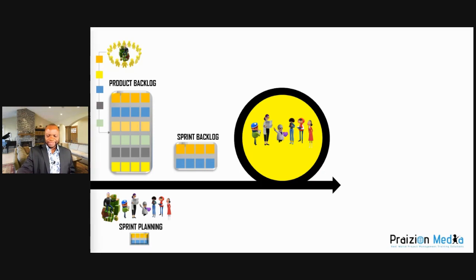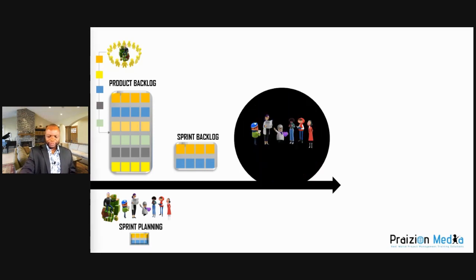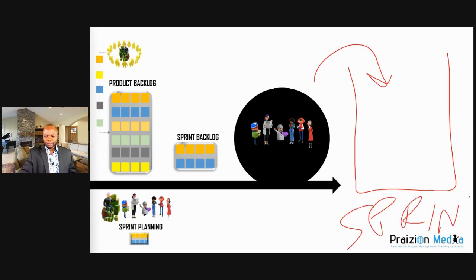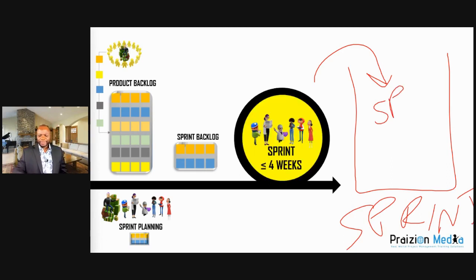The sprint in the world of Scrum is a container for all the other events. All the other events happen within the sprint. So if this is the sprint, you have sprint planning, which we've talked about. You also have the daily Scrum, which I'm about to show you over here.